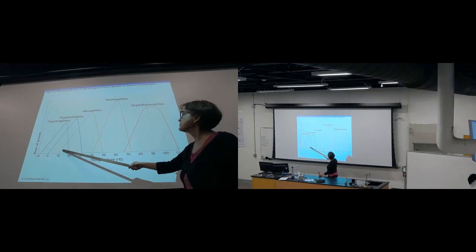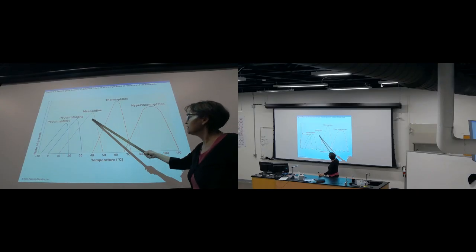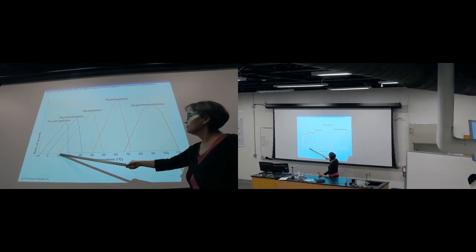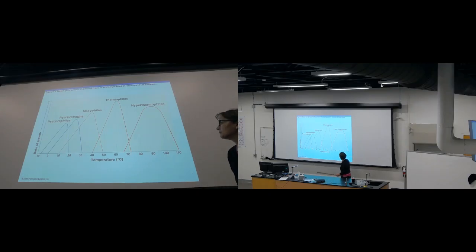So here we have the mesophiles with an optimum temperature of 37 degrees Celsius, but they can grow between 10 and 50. And then hyperthermophiles. They can grow very well at very high temperature, almost at the temperature of boiling water.